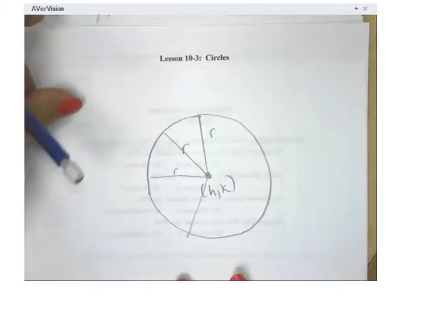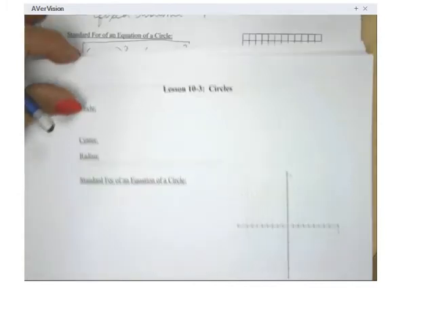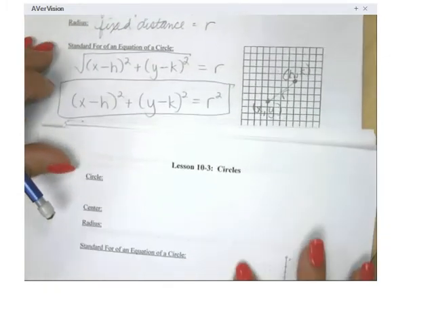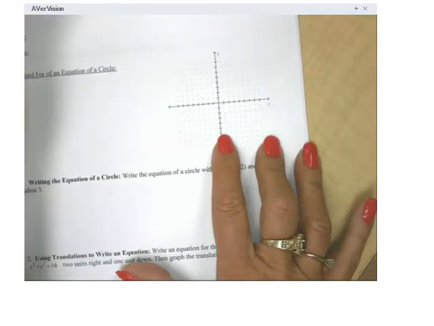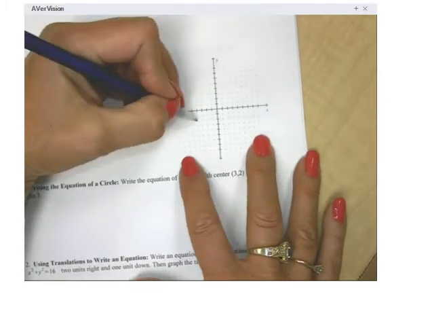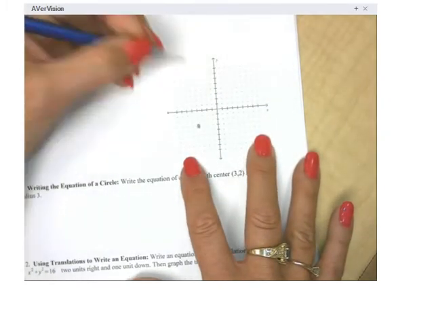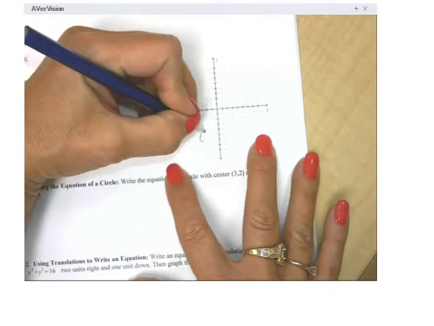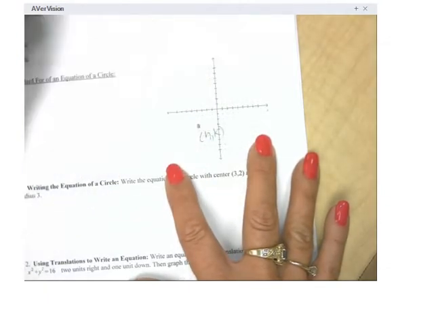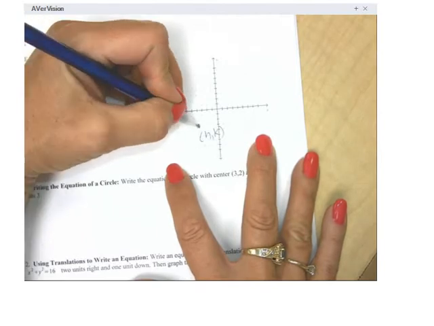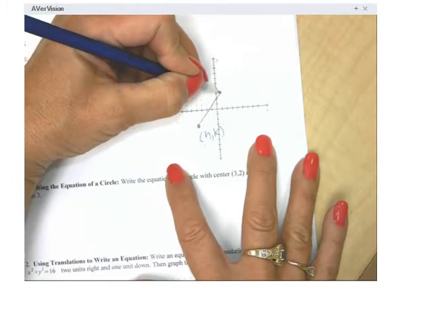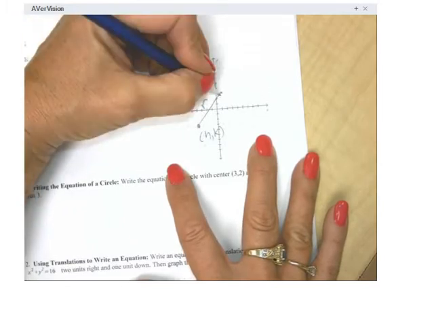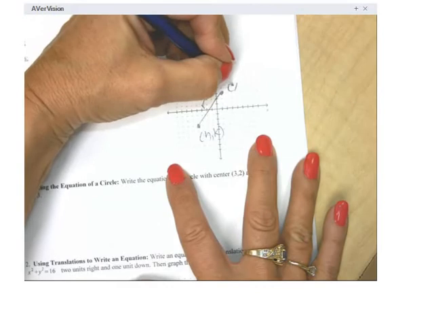So what does the equation look like? Well, it actually comes from our distance formula. Let's go to this graph, because it shows up a little better without the grid being quite so dark. If I take a fixed point, I'm going to put that point right there, and I'll say it is at (h, k). And if I want to be a certain distance away, and let's say this distance is out here, and that distance is r.